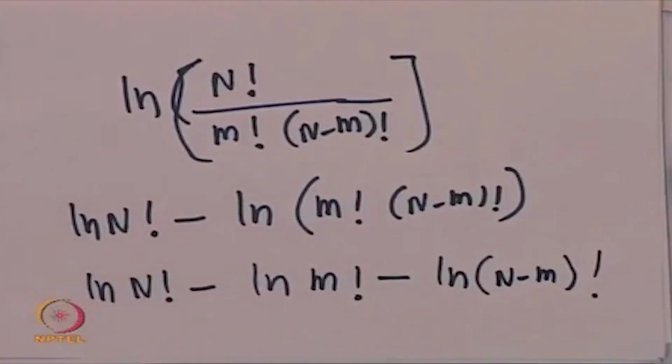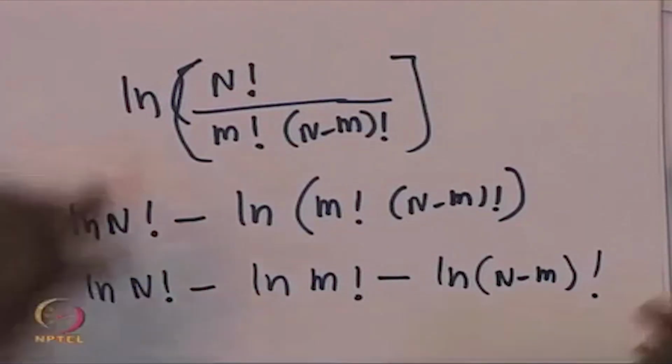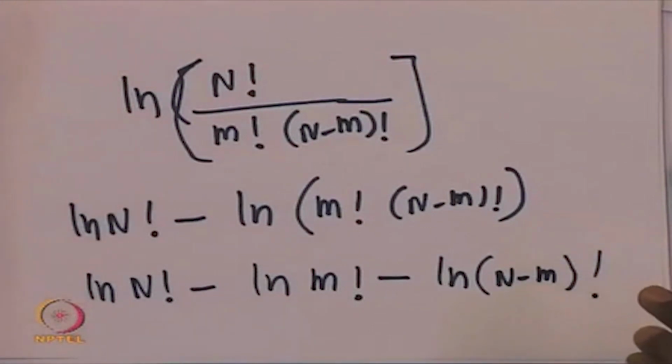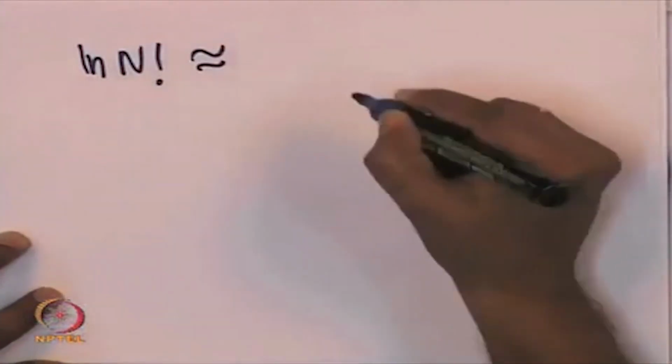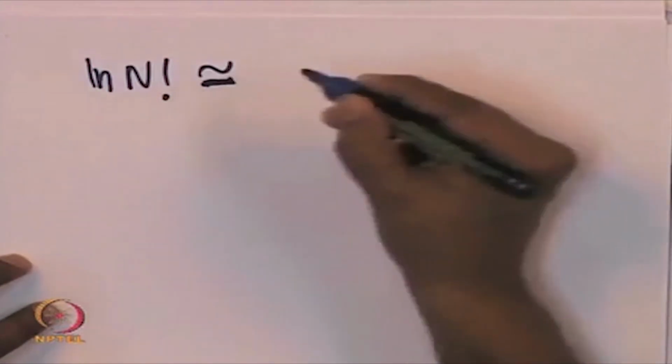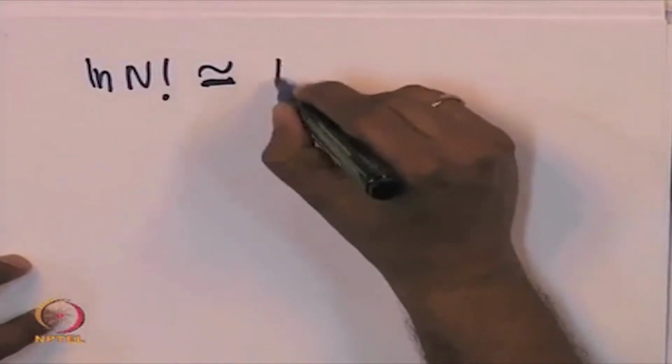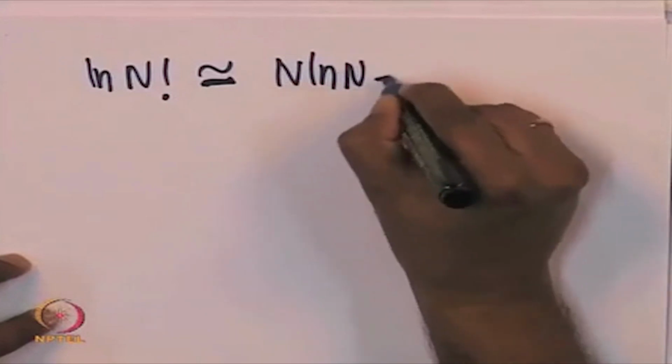And it turns out that log n factorial can be easily calculated, if n is very large, there is an approximation. So, there is something called Stirling's formula, which says that log n factorial is approximately equal to n log n minus n.